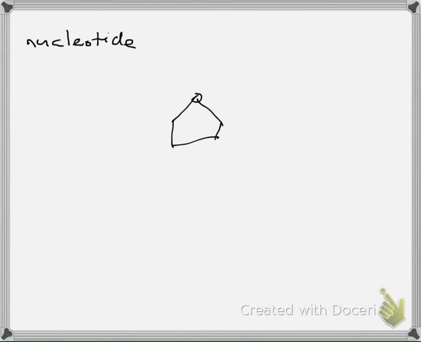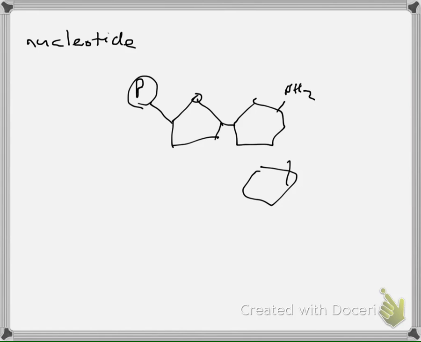What else? A phosphate. And a base, a nitrogen-containing base. Some of these bases have two rings, some of them have one. I don't need you to know which ones are which. And what we do then is we string these nucleotides together.